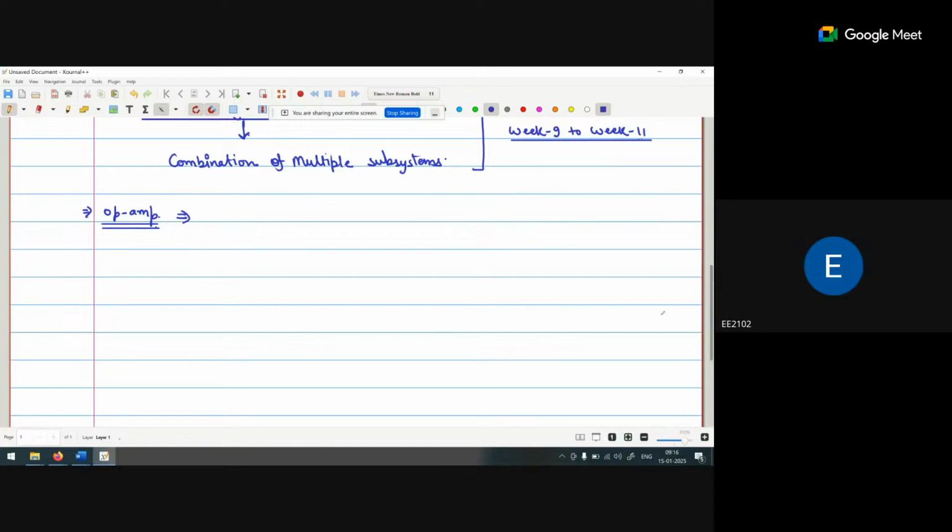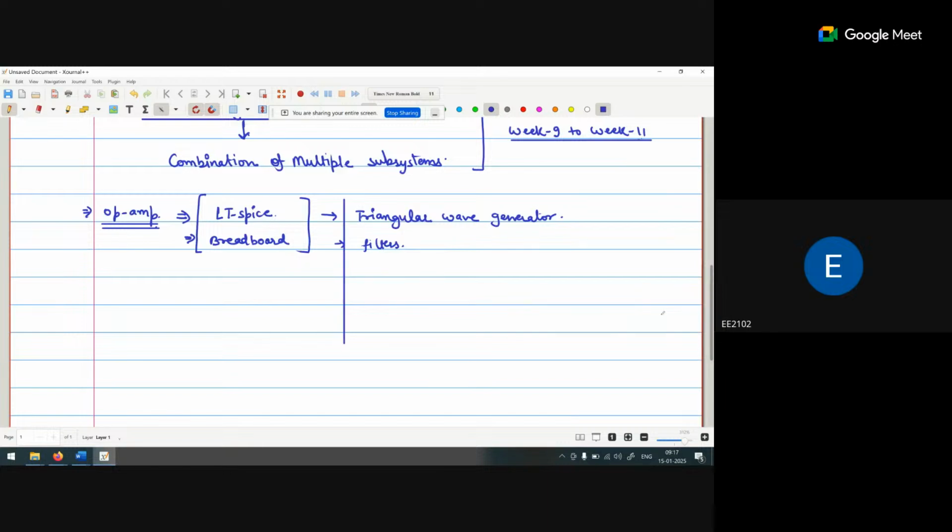In this lab part, you have to do two things. One is designing on LTspice. Second, designing on breadboard. Some circuits are there, like the triangular wave generator, filters, and in total there are six experiments.